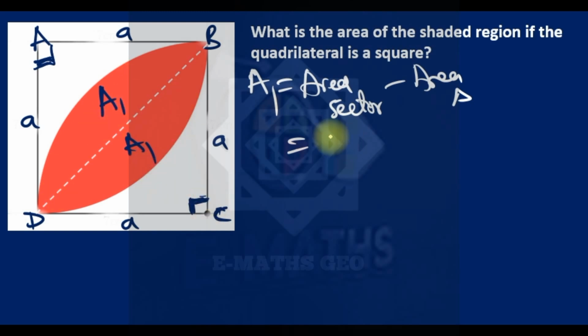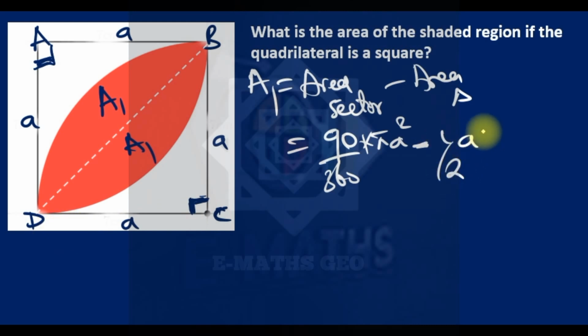The area of a sector is 90 over 360 times pi a squared, minus the area of this right angle triangle, which is half base times height, half a times a. So this is equal to pi a squared over 4 minus a squared over 2.